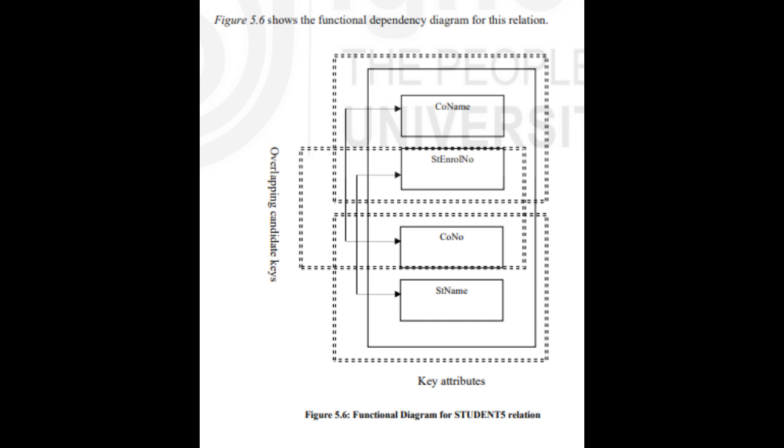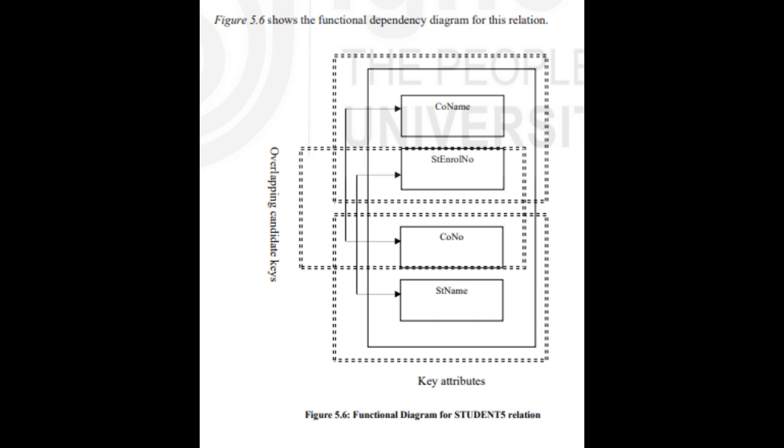The relation student is in 1NF, but is it in 2NF? No, the FDs at 1 and 2 are clearly violating the fully functionally dependent criteria of 2NF, figure 5.4. Therefore, the relation suffers from the anomalies as shown in figure 5.3.